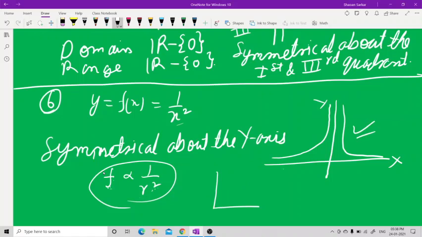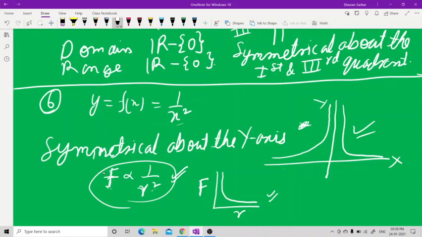I will not draw the negative part. So I have F, the force of gravitation or electrostatic force, and I draw R, and I get a graph like this. They obey the inverse square law. For the inverse square law, the graph is going to be this.